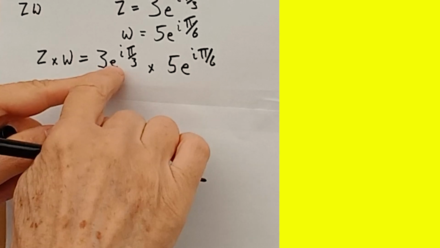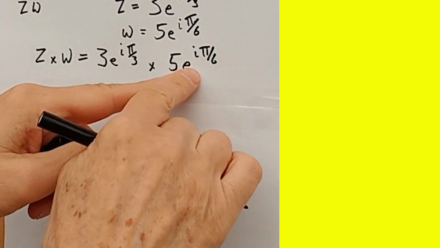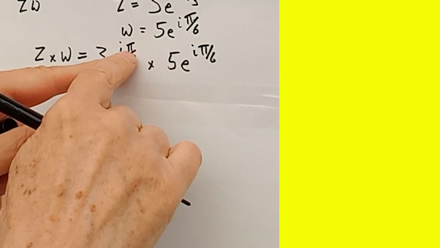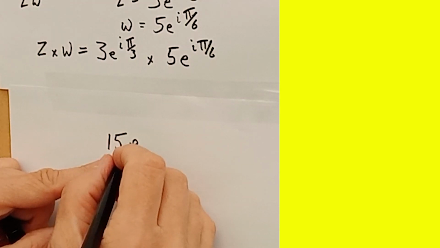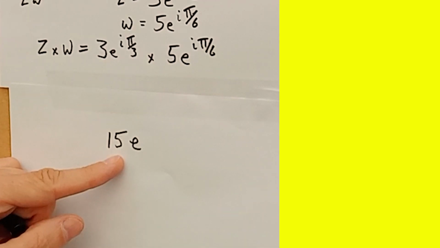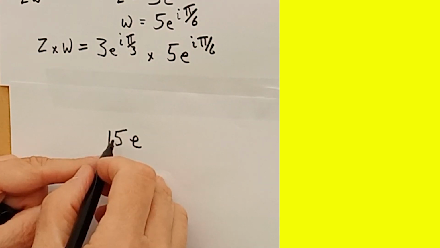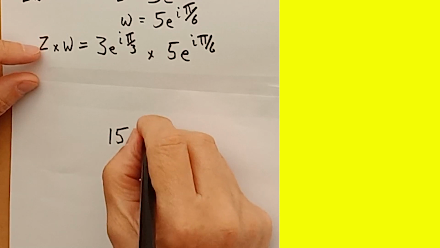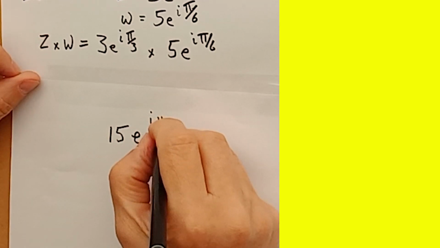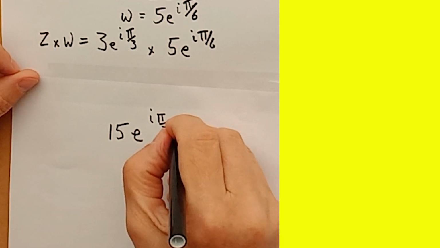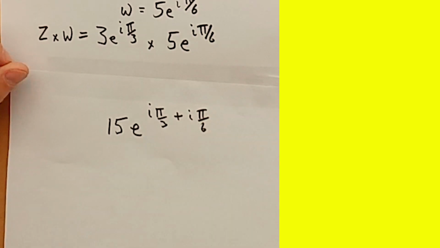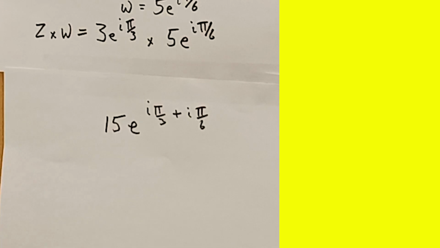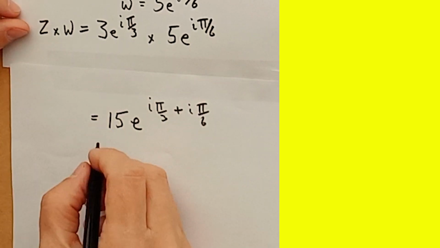And then we have to multiply this by this. And if we add these indices, it will give us what we want to see. 15e to the i pi over 3 plus i pi over 6.